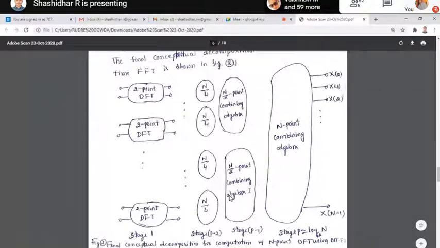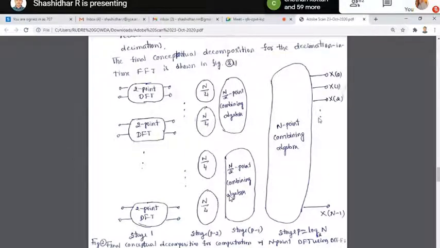If you combine these two, we get N/2, and then after that we get the N-point combining algebra. So these are the results: X(0), X(1), X(2), up to X(N minus 1). Based on this, we solve the problems.